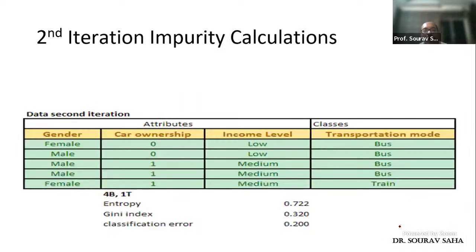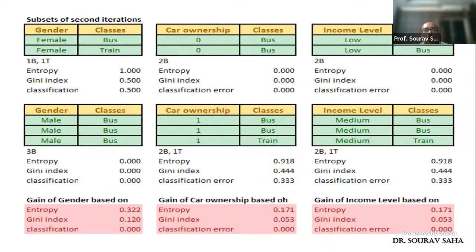Here in this particular part, once again, if I take this particular data, these are the impurities in this data. So right now, this is my new parent node. And these are the values of the impurity which we are having, 0.722, 0.320, 0.2, based on the defined metric. Once again, I'll do a split based on the other variables which are there.